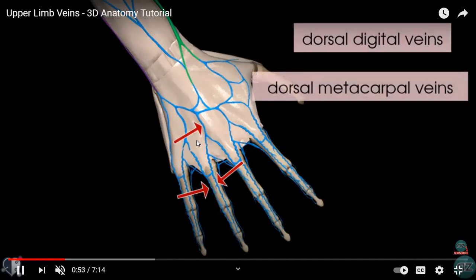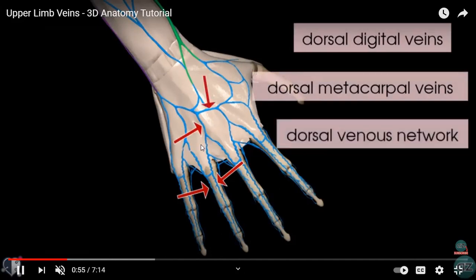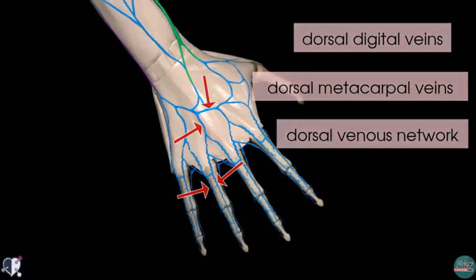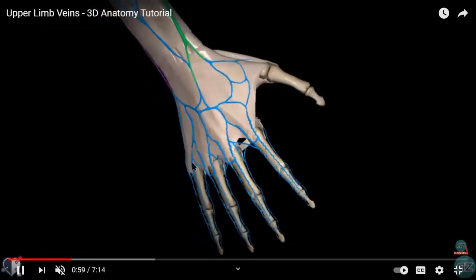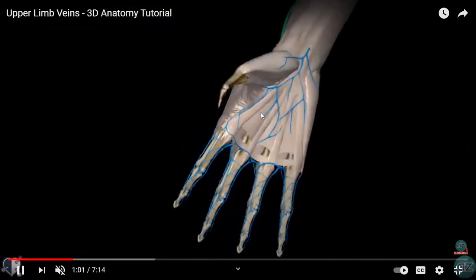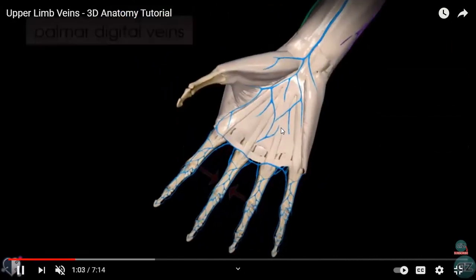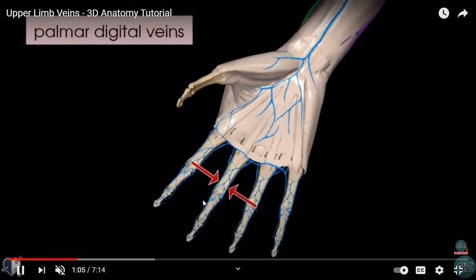Try to check in your own hand. This is the palmar aspect. In the palmar aspect also, again, I told you we have palmar digital veins, isn't it? Then superficial and deep.